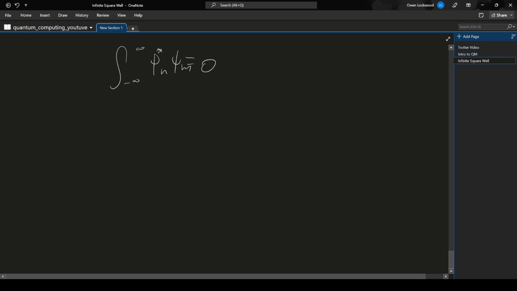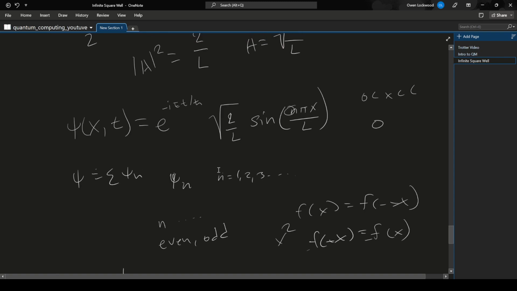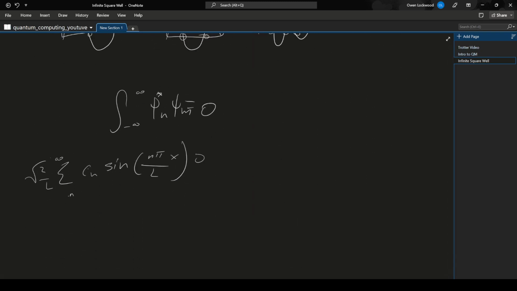So our combination, we have the sum from n equals 1 to infinity of square root of 2 over L times c of n sine n pi x over L, where c of n is our probability of being in this state. Of course, we have our time here. I'm just going to write it there. This can equal any function. Anything you can represent via this.